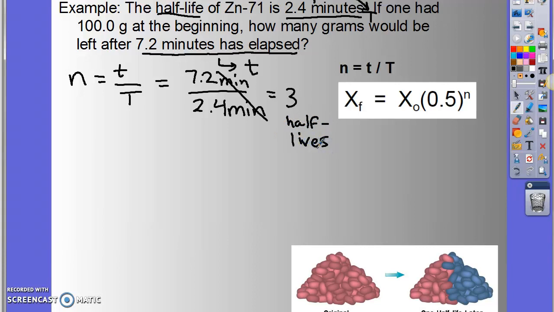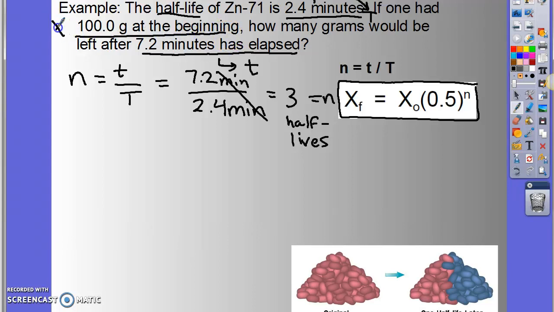So that's my n, right? And I can plug that into my big half-life equation, because I already know how much stuff I started with. It tells me that in the question. This is my x0, and what is my unknown? My unknown is how many grams are left at the end. So this is my xf.